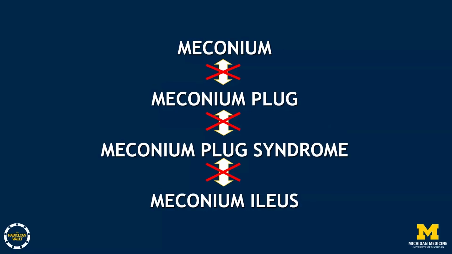Meconium is a normal finding. If there is passage of meconium within the first 24 to 48 hours, that's considered normal. A meconium plug is a plug of thickened meconium within the small bowel or colon, and it is a marker that something is not right, but it is not a diagnosis.